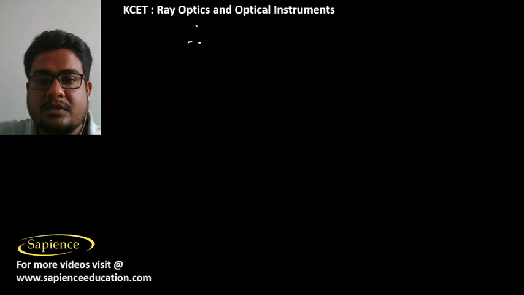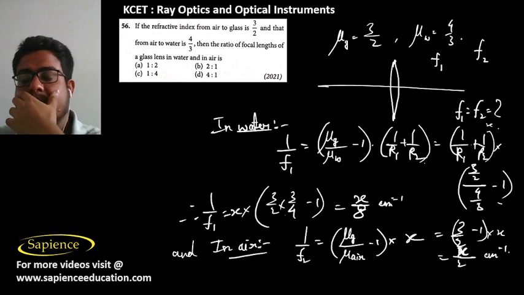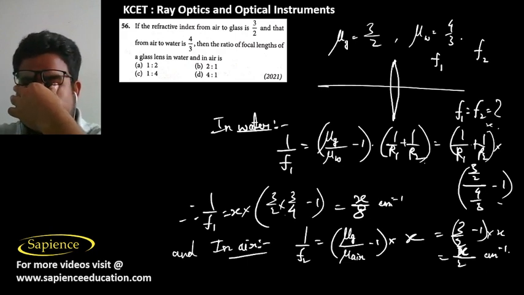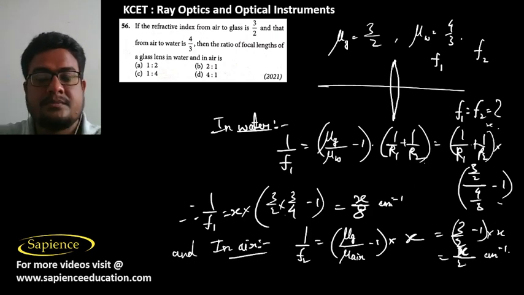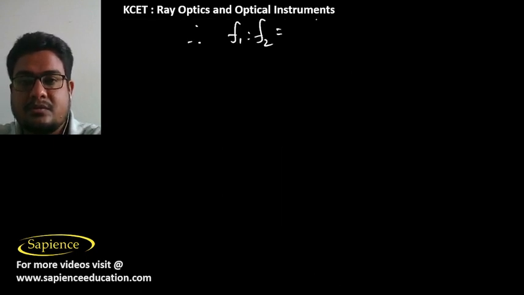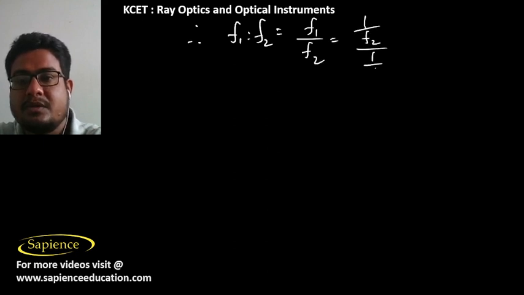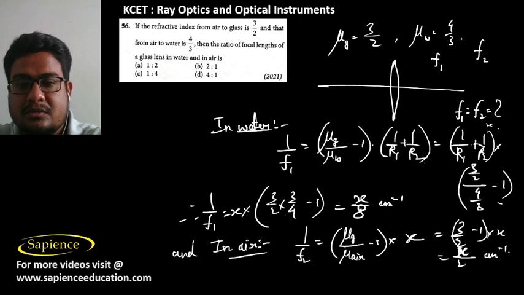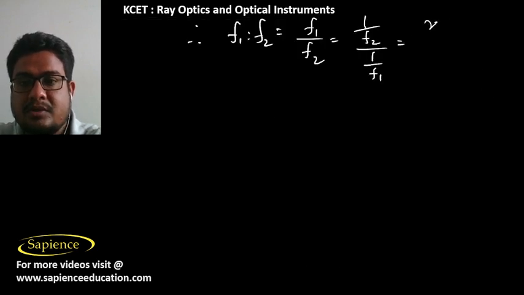Therefore we have to find f1 by f2. 1 by f2 is x by 2, and 1 by f1 is x by 8.